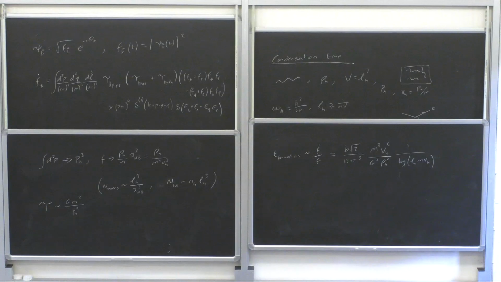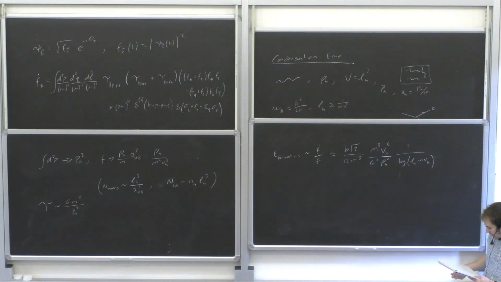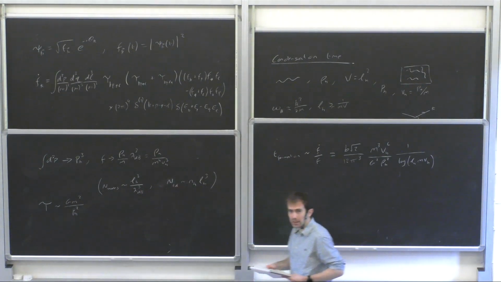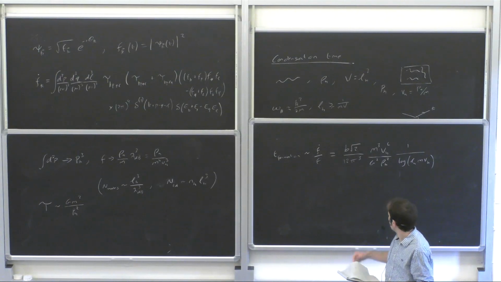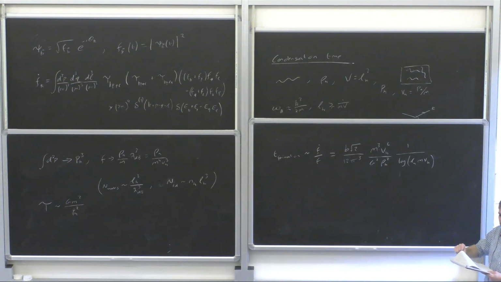If you've ever studied plasma physics, it looks like what people call a Coulomb logarithm. In particular, scattering is actually dominated by very low momentum scattering rather than by the typical momentum of the halo, as I wrote here. But in reality, this number being a logarithm is maybe 10, maybe 100, but not much larger than that.